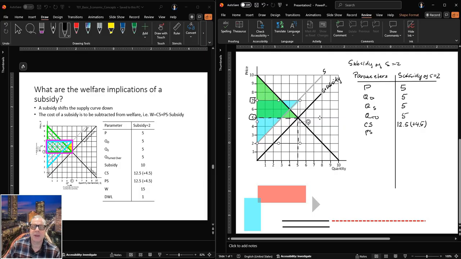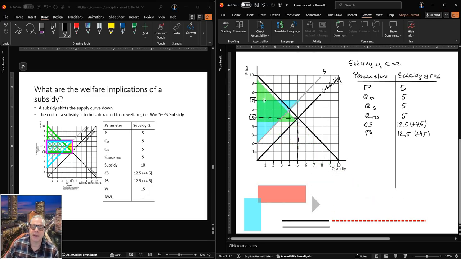But if I remove quickly the consumer surplus, we can see this is the real supply function. That's the real reservation price. And even though people pay 5, the producers actually get a price of 5 plus the subsidy of 2. So this producer surplus is 12.5 as well. And that's also a gain of plus 4.5.